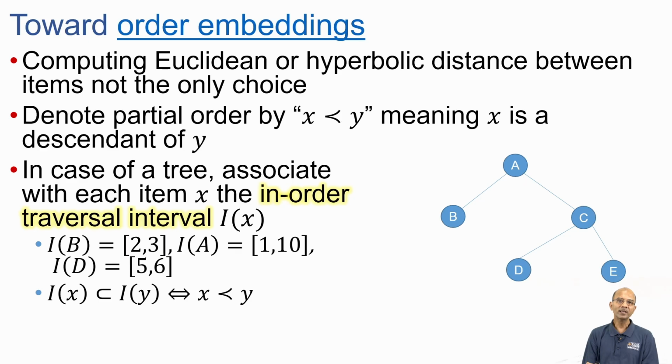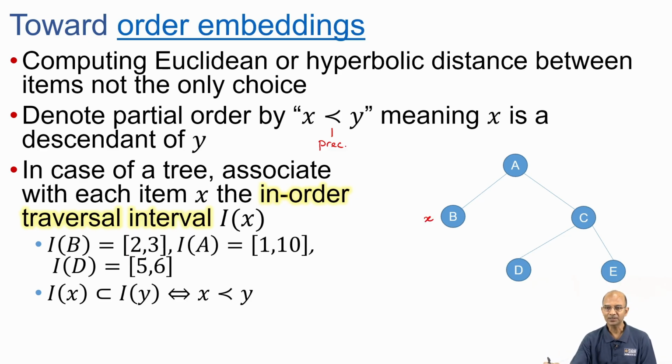So, computing Euclidean or hyperbolic distance between items or nodes is not the only choice. We make up some notation. Suppose the partial order x precedes y means x is a descendant of y. In case of a tree, such as the one shown in this slide, we can associate with every item such as x two numbers.